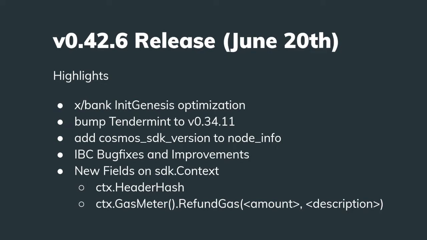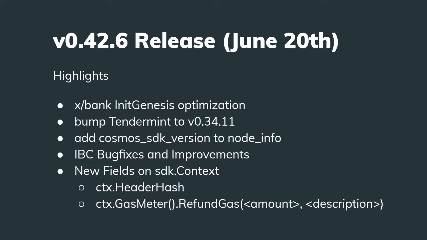We've also included the adding of the Cosmos SDK version to node info. This allows the ability to query the SDK version used by a node. And then in addition, there've been several fixes to the IBC module, including the addition of allowing for the querying by height for the header and the node state command.